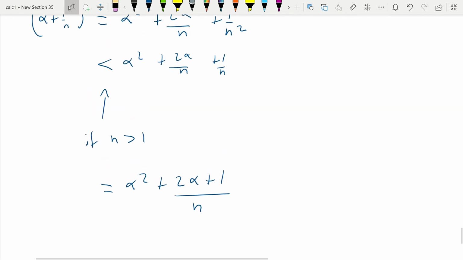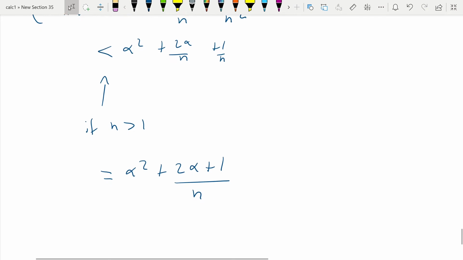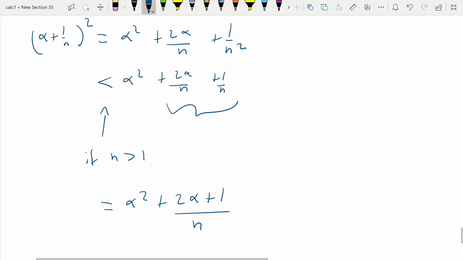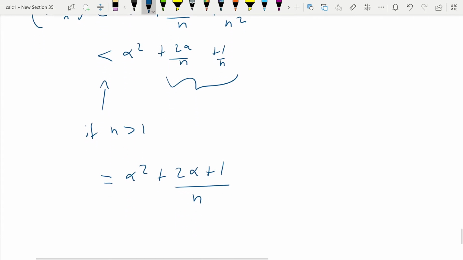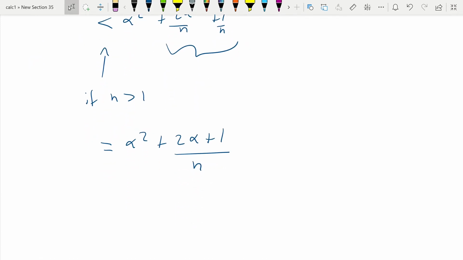Okay, so we can now put these two fractions together, and we can write (alpha + 1/n) squared as alpha squared plus (2 alpha + 1)/n.